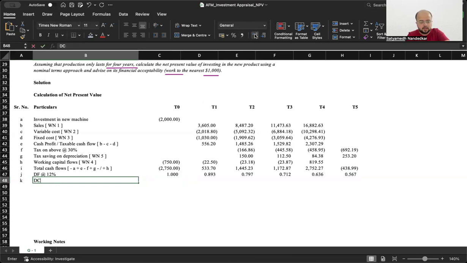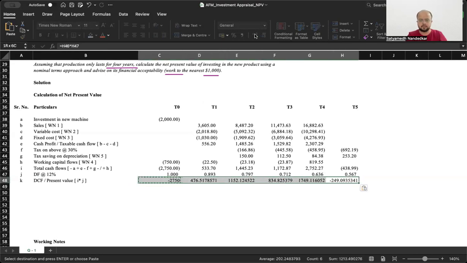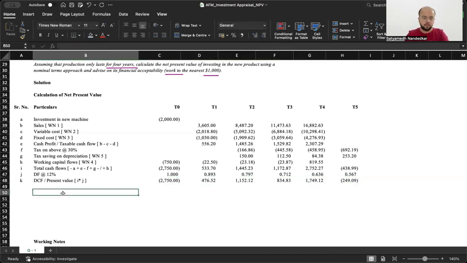You will get discounted cash flow or present value, line item I into J for discounting factor. And what is your net present value?